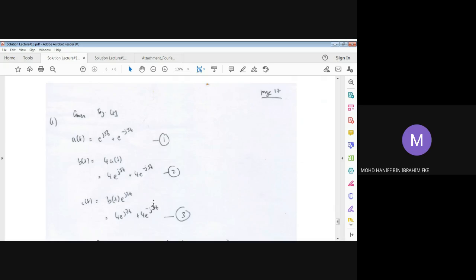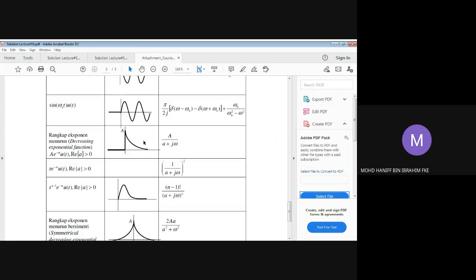If you refer back to the question, the first part is to find the Fourier transform for these three signals, a(t), b(t), and c(t). I think it's a straightforward question because we can straight away refer to the table, the attachment table.